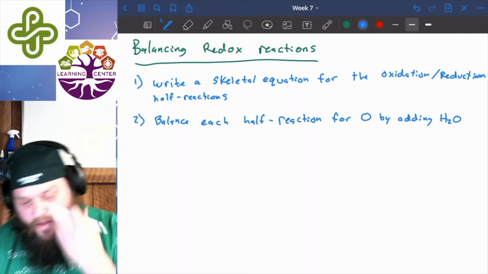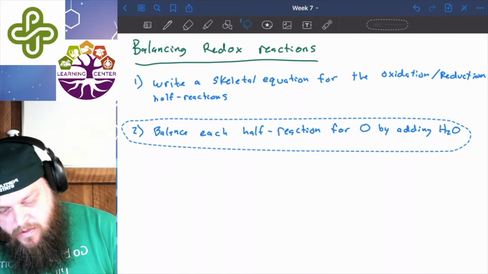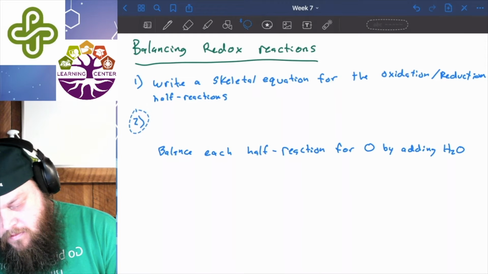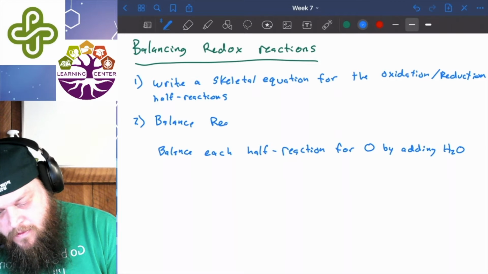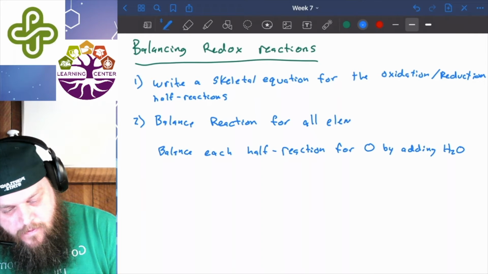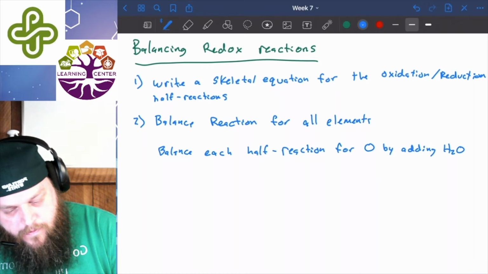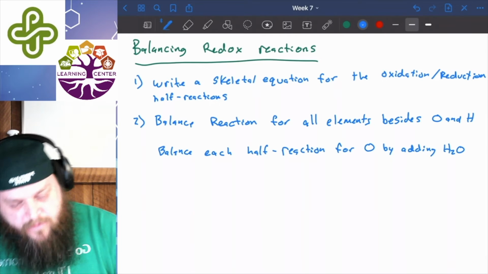First, I guess we balance it for everything besides hydrogen and oxygen. Sorry, I skipped a step. Balance the reaction for all elements besides oxygen and hydrogen.